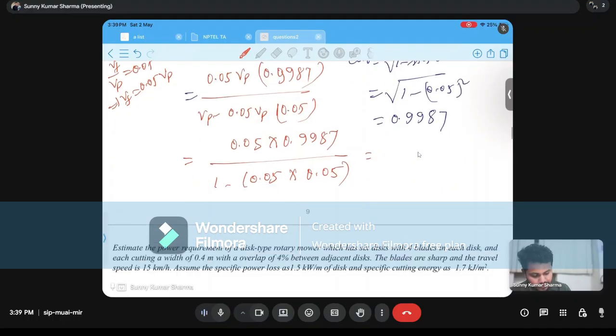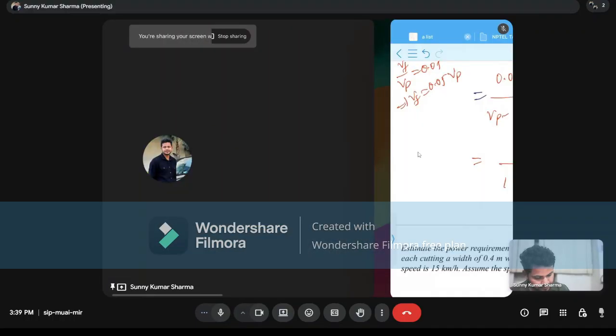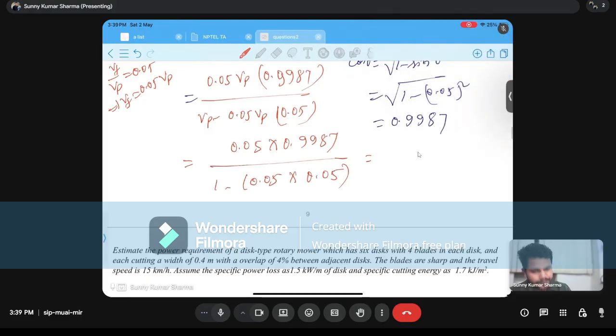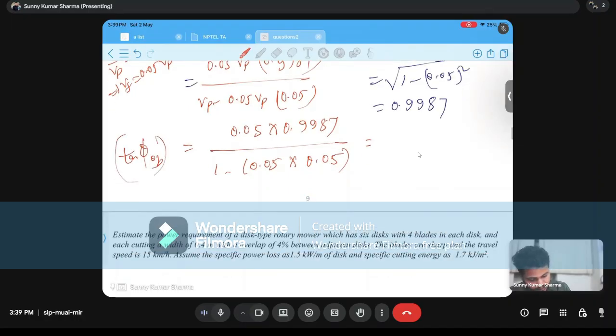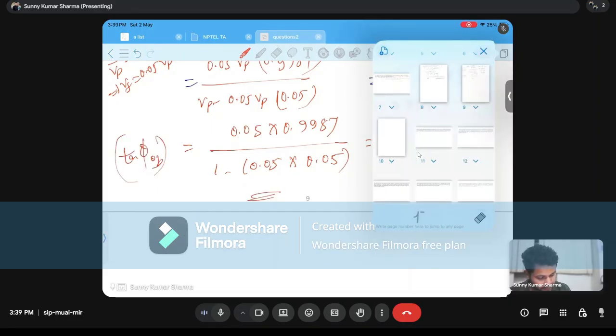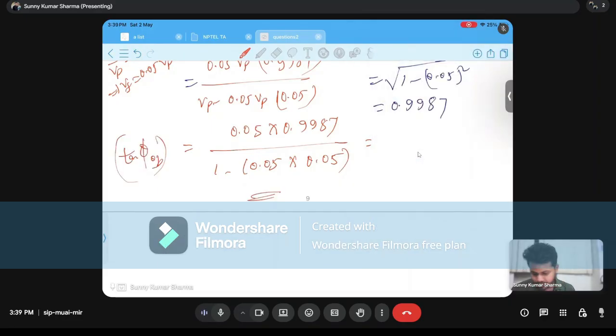This is the final value of tan phi OB, and when we do the tan inverse of this value, we will get the final phi OB. So we will do this calculation: 0.05 into 0.9987 divided by 1 minus 0.05 into 0.05.